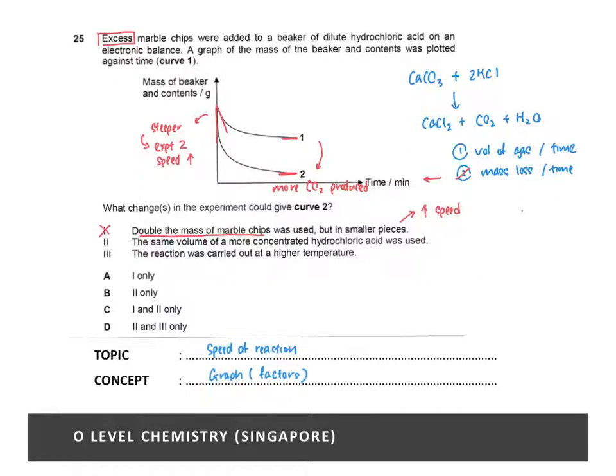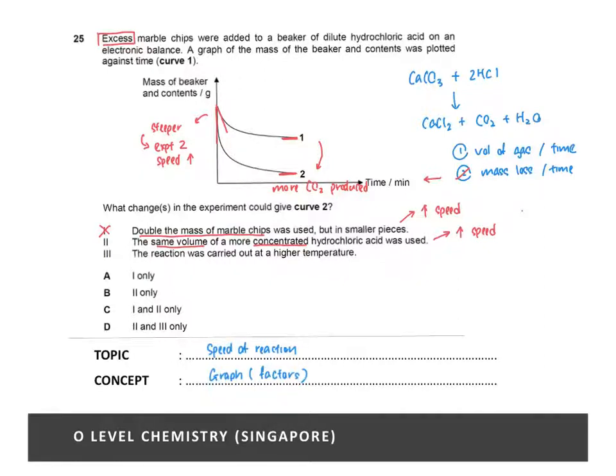Change number 2, the same volume of a more concentrated hydrochloric acid. Now, when you use a more concentrated solution, obviously your speed will be higher, so one of the conditions is being met. Now, will there be more reaction when we have the same volume of a more concentrated hydrochloric acid?